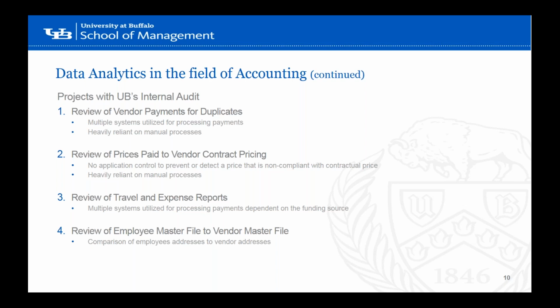So one of the things we're going to do is look for duplicate payments, not only through the state system, but also through the Research Foundation, to see if there's potentially double billing across systems. Additionally, there is potential for vendors to be in vendor master files more than one time.